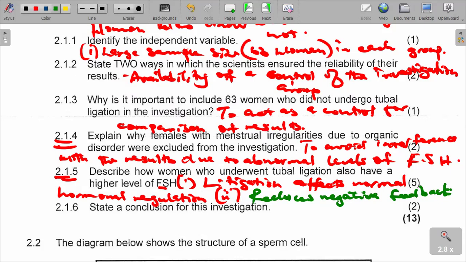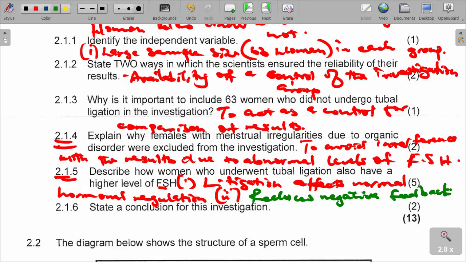And finally, the pituitary gland might always be stimulated to produce more follicle stimulating hormone.